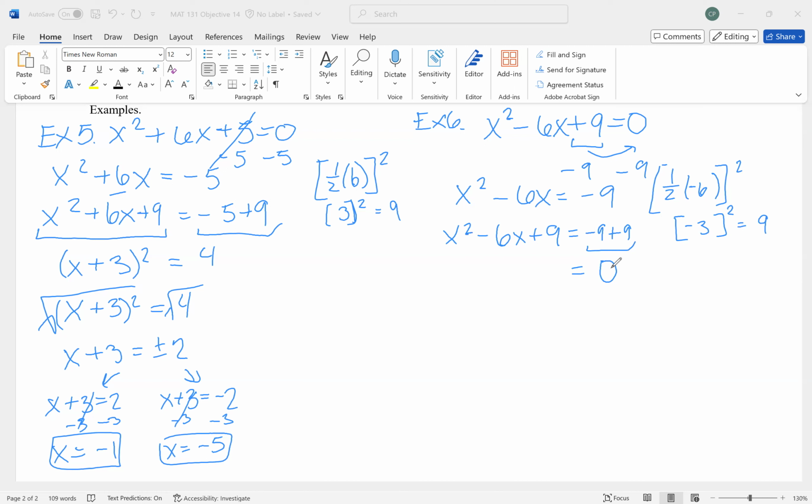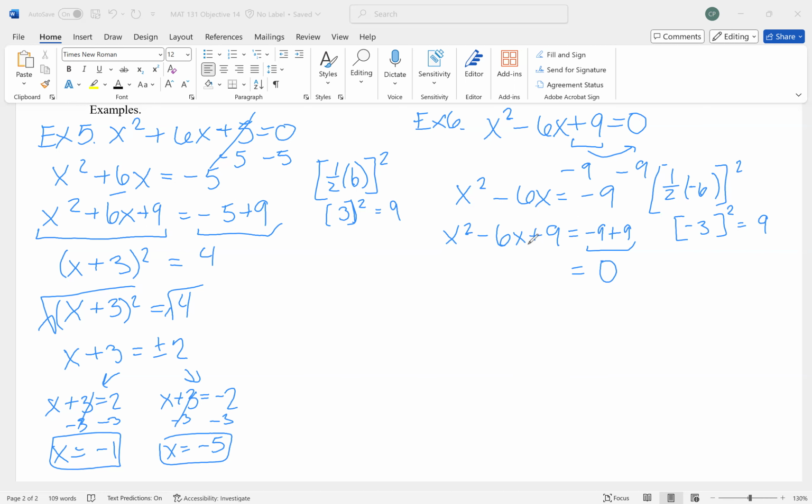We're basically going to get the original problem back again. If this happens in your calculations, when you complete the square and add that number to both sides, if that constant term gives you 0, then it's possible that the original was already a perfect square trinomial.